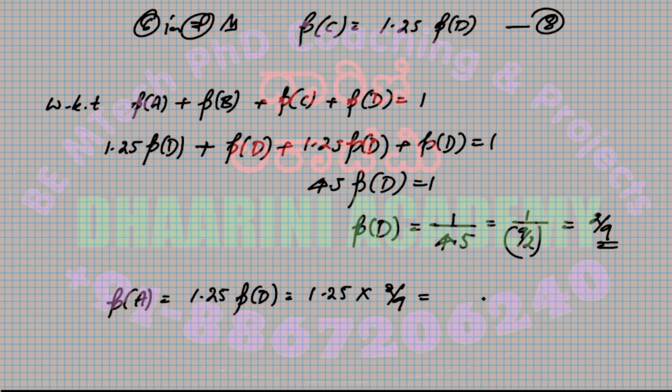That is 5 by 18. When you convert it, this is 0.2778 if you want, in that form. Otherwise the previous one is equal to 0.2222.